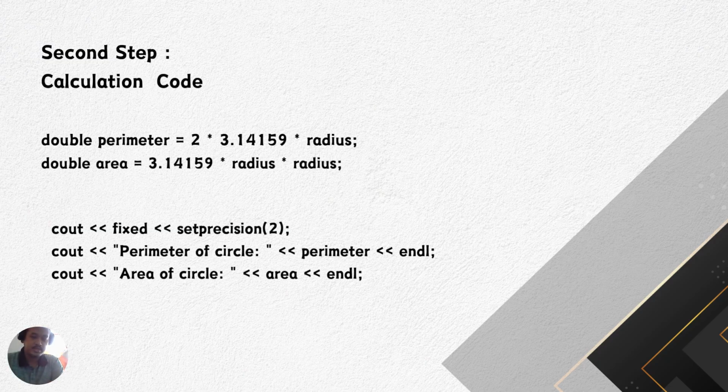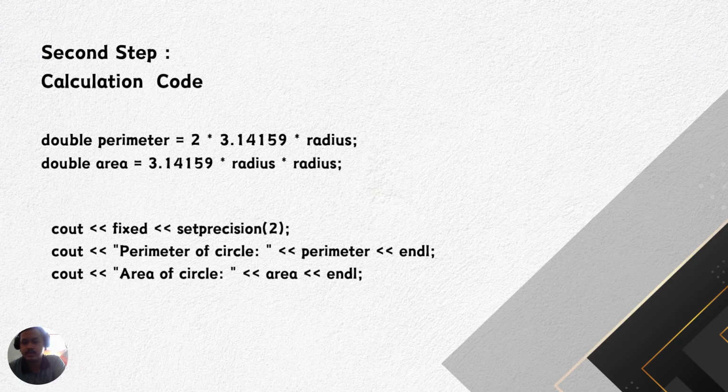After that, it will output the answer. Before it outputs the answer, it will fix the number. So instead of the answer being 1.234567, because it has a fixed precision of 2, it will be 1.23. It will output the perimeter of the circle and the area of the circle. Again, very simple and easy to understand.